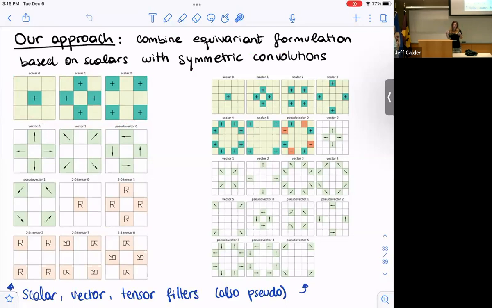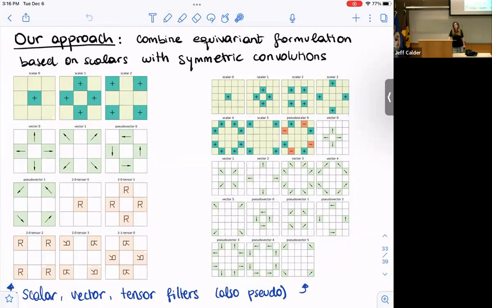And if you have a vector field, then you can generalize it using vector filters or tensor filters that are also symmetric with respect to this action, or maybe they have a different parity but similar. There's lots of different approaches to this.